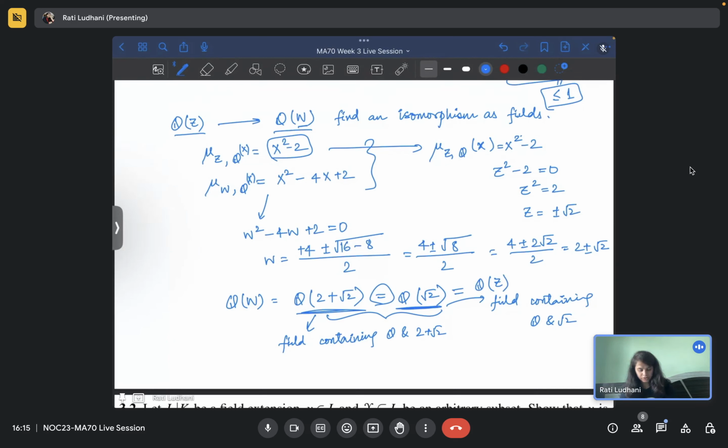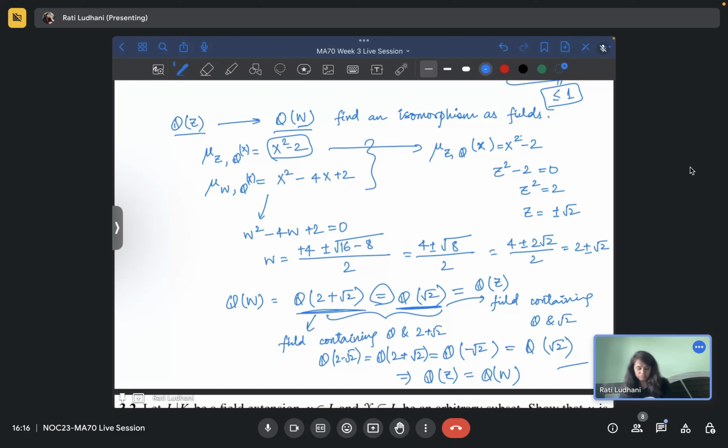Even if you have minus √2, that is not just isomorphic to Q(√2), as I said, these are equal. Q(2 + √2) is the same as Q(√2). So these are equal. This implies Q(Z) is the same as Q(W).